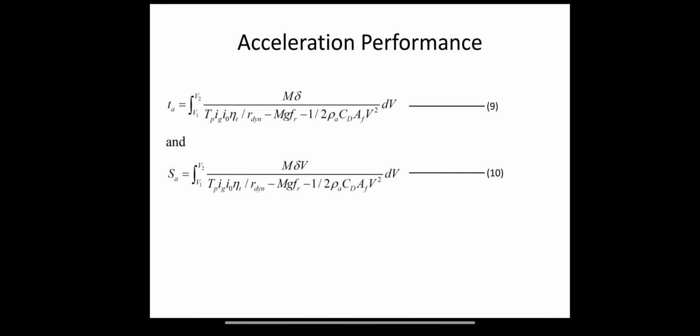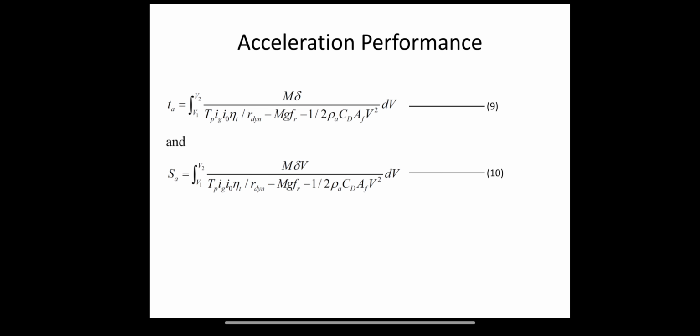Ta is equal to the integral from v1 to v2 of m δ / (Tp ig i0 ηT / r_dynamic − m g fr − 1/2 ρ A CD AF V²) dV. That is equation number 9, and there is equation number 10 as well.